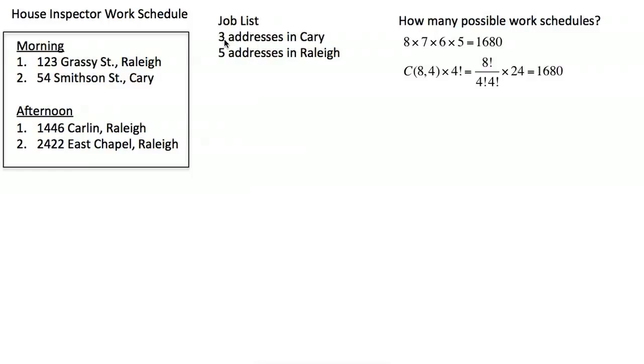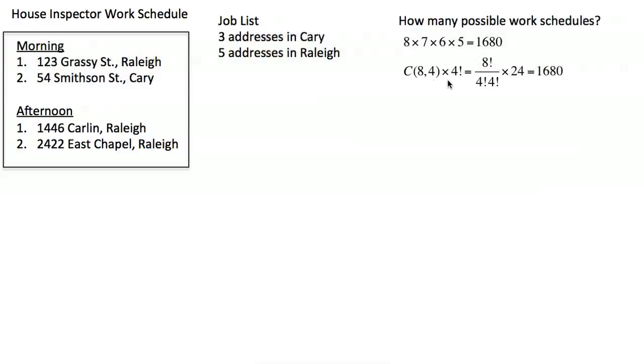Since we've got 8 locations, the number of possibilities for which 4 addresses we visit would just be the number of ways you can choose 4 things from 8, combinations of 8 locations, choosing 4 of them as the ones that go on the work schedule. And then after those 4 are chosen, the number of ways to list those 4 on the work schedule would be 4 times 3 times 2 times 1, since you're really just picking the order for those 4 locations.